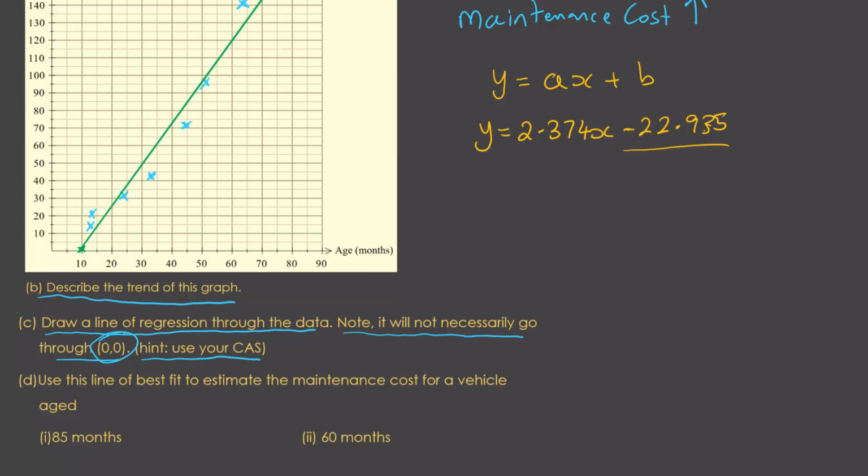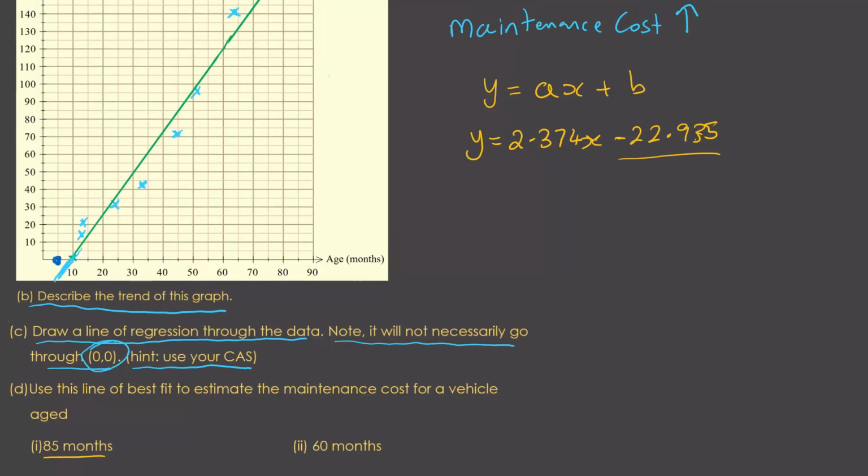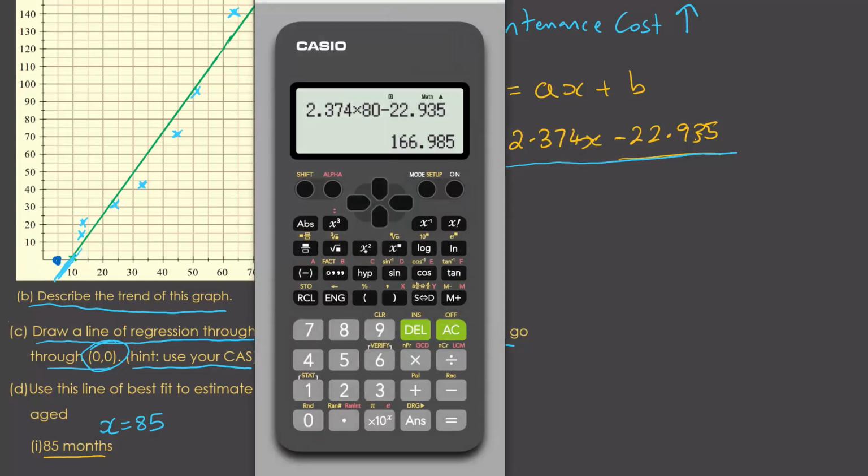Use the line of best fit to estimate the maintenance cost for a vehicle aged 85 months. So we actually have the line of best fit. This is just asking us when x is equal to 85. So what we're going to do is get the calculator out and put in x equals 85.